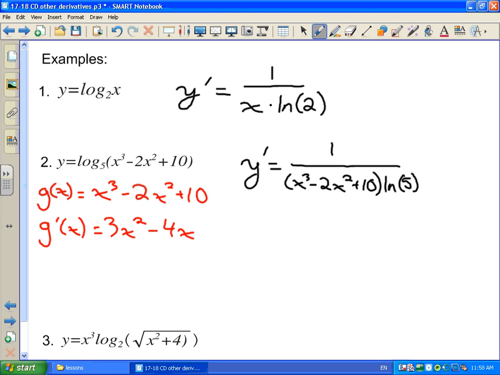So we got base 5, so we need that factor of ln 5 appearing down in the denominator. And because we're doing chain rule, that whole mess gets multiplied by the derivative of that inner function. So we'll multiply this times, just in brackets over here, g primed, which is 3x squared minus 4x.